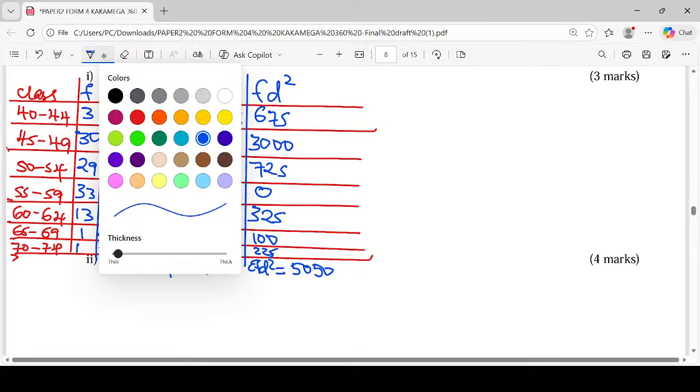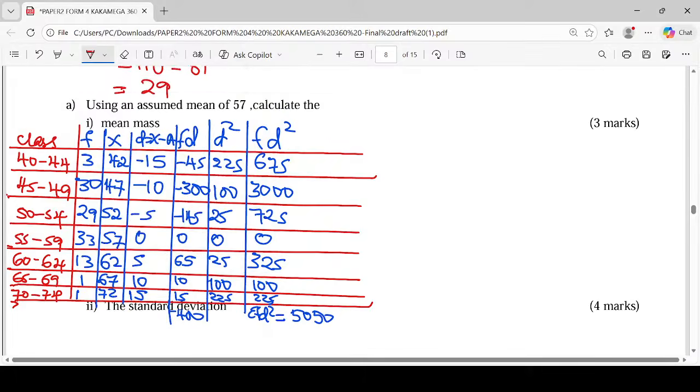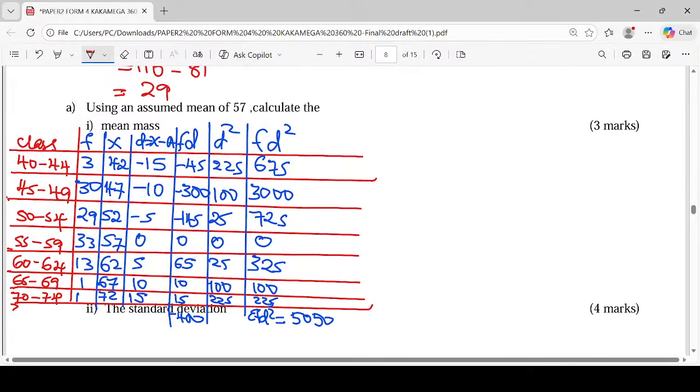Now we go to calculation because I'm done with my table. Remember, you are to calculate the mean mass using assumed mean. So the mean is given by assumed mean plus summation of FD over summation of F. The assumed mean is 57.